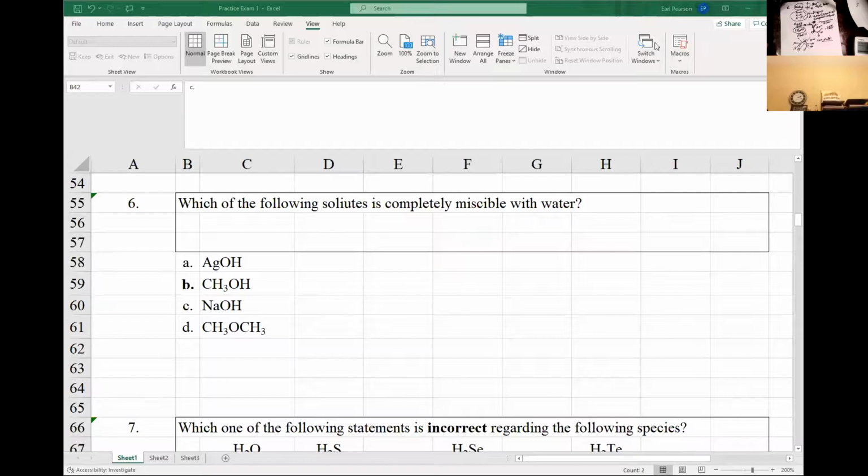Now, I want to stop for just a moment. Okay, we're ready now for number 7. So let's take a look at that one.